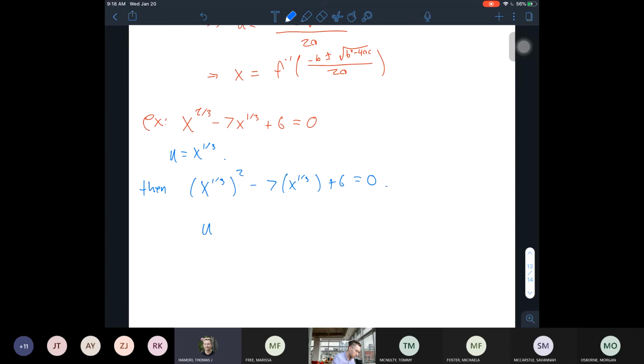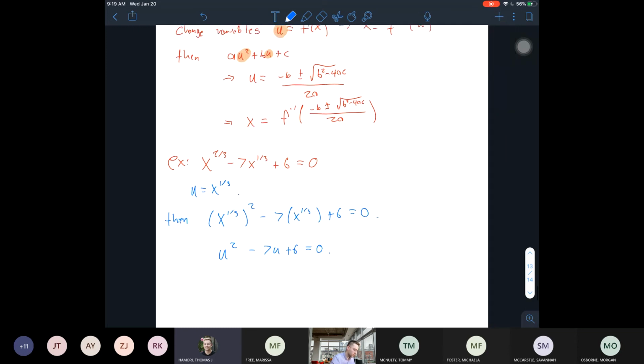And we rewrite this as u squared minus 7u plus 6 equals 0. And now to solve this equation and get the x values, we're going to first use factoring to solve this u equation, and then back substitute using this u equals x to the 1/3 equation.